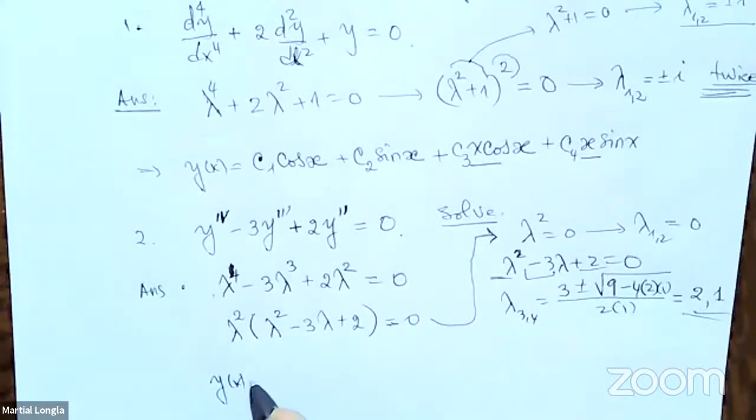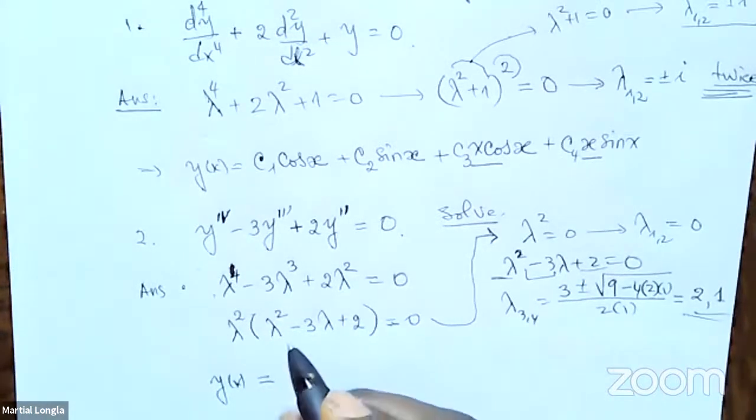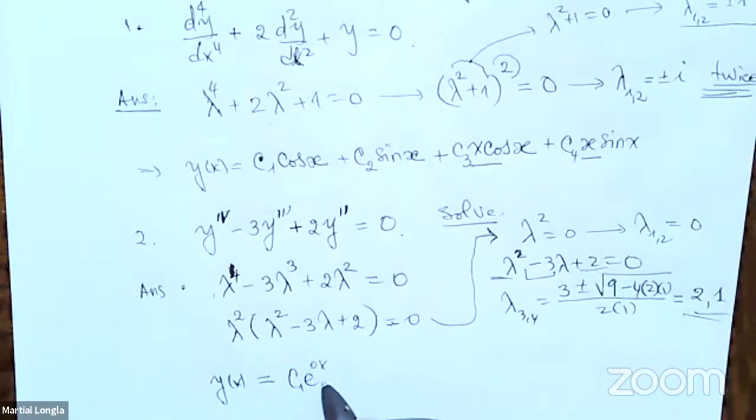How do we get the final answer here? For the first two, don't use the multiplicative rule, so it'll be C1 e to the 0x, so just C1 plus C2 x, since e to the 0x is just 1.